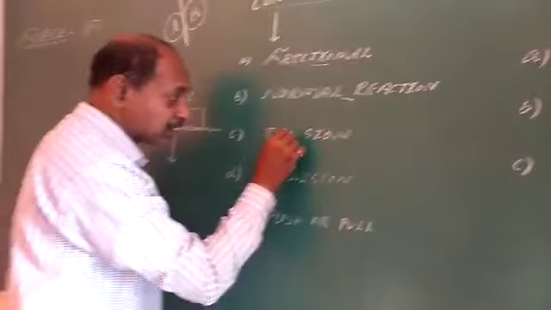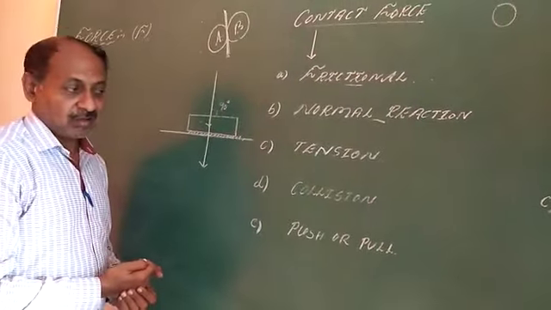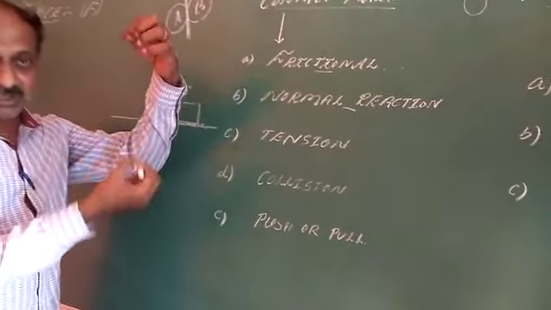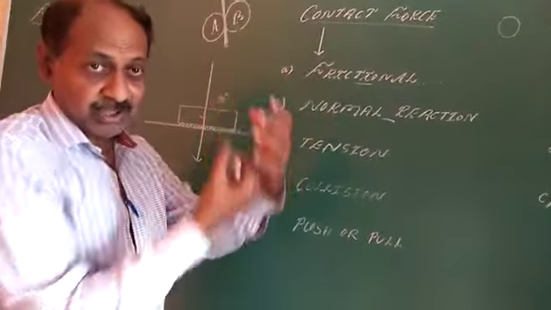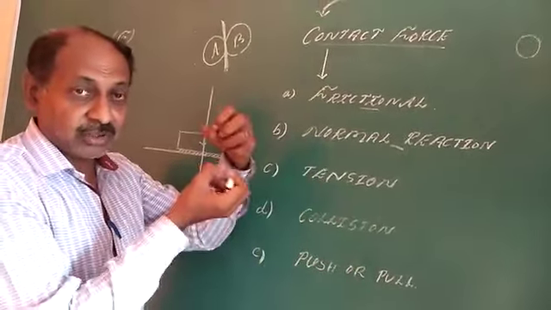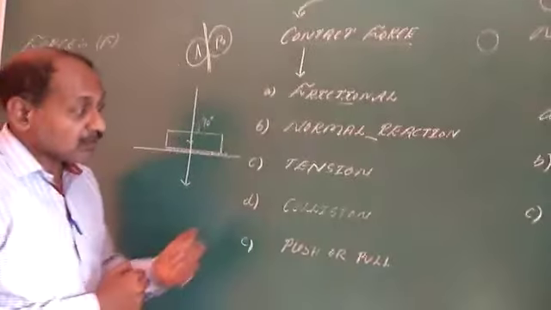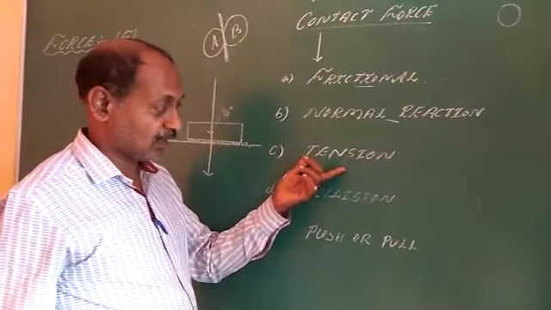We have another one, termed the tension force. Any kind of spring, you just analyze the spring action. The springs have a lot of tension in them. That is called a tension force.